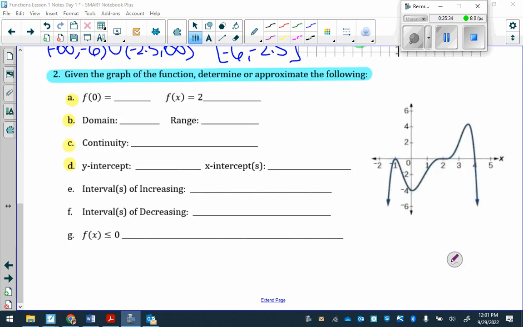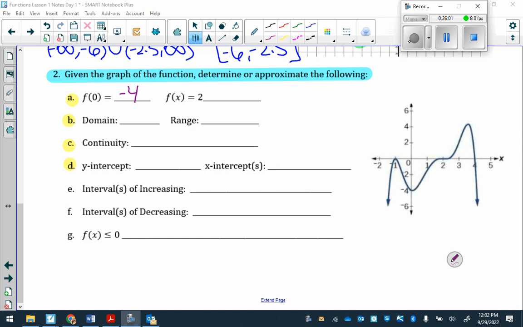All right, what is the value of f of 0? Jason? F of 0, good. -4, awesome. Sorry, f of x equals 2. What would it be?